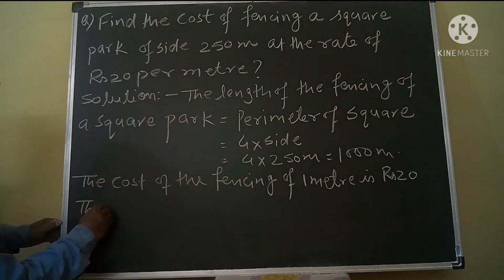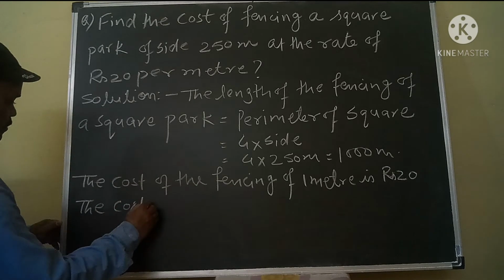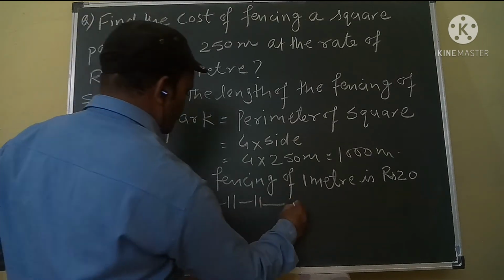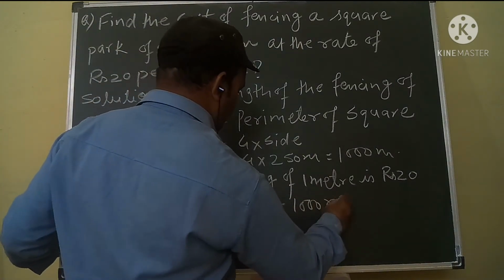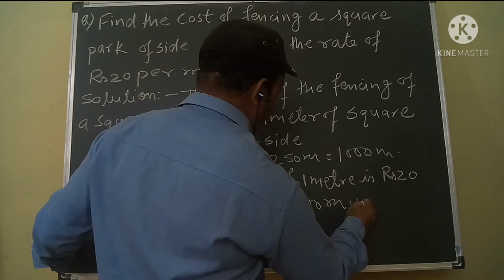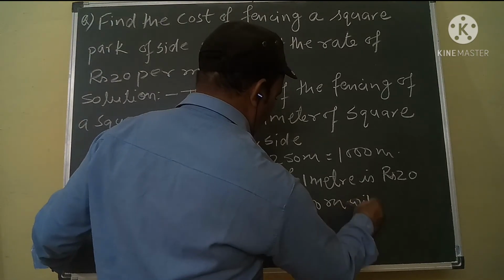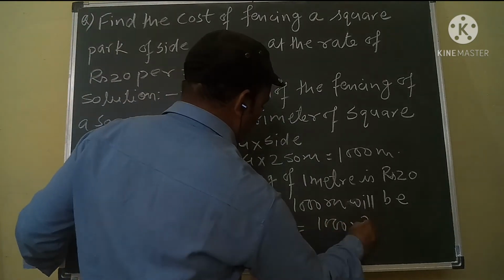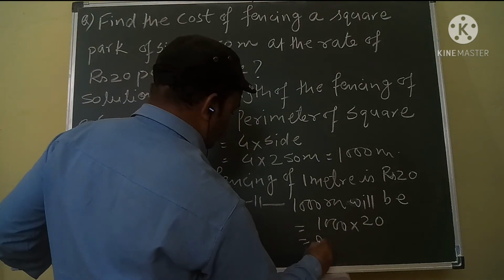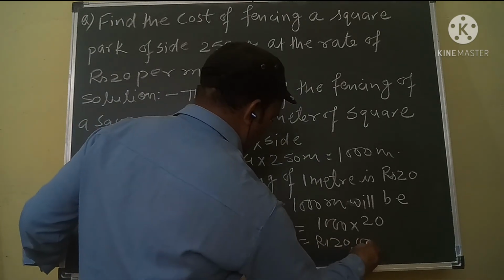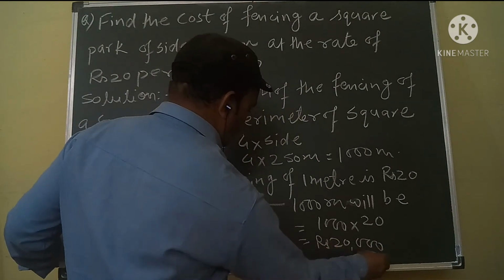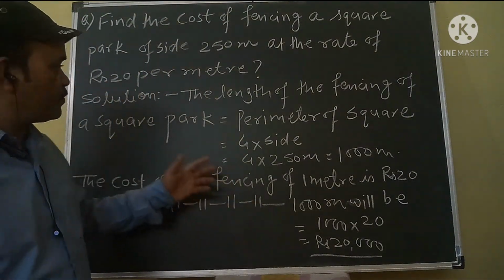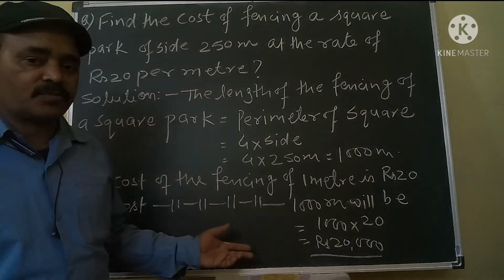So the total cost of the fencing of 1000 meter will be 1000 into 20, which gives rupees 20,000. Rupees 20,000 is the total cost of the fencing of the given square park.